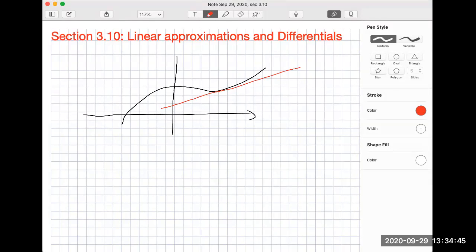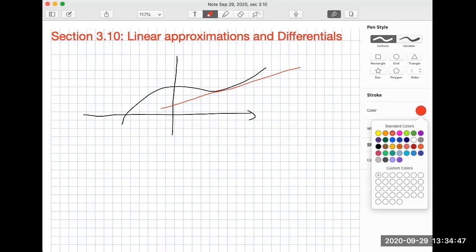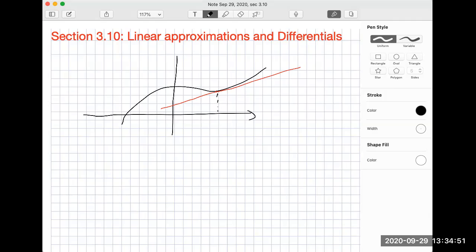And here is any given point a. This is f(a). This is the curve y equal to f(x), and this is the tangent line at the point P, at a and f(a) of the curve here.